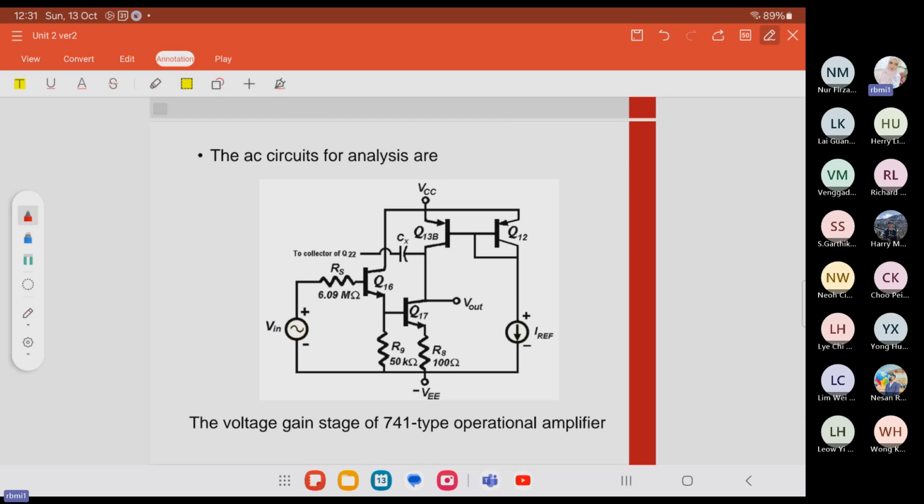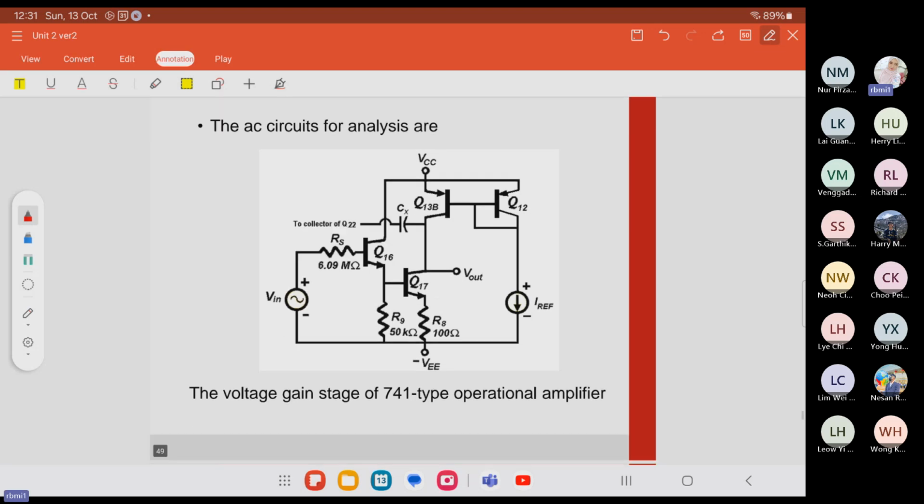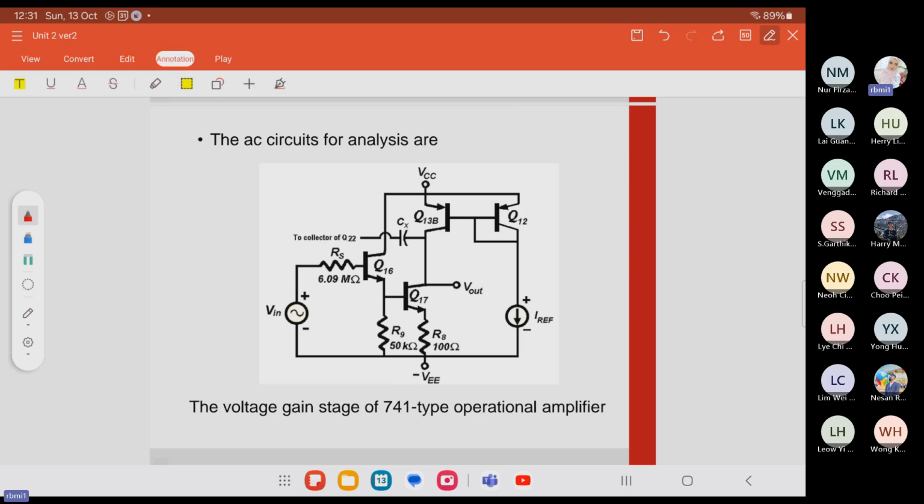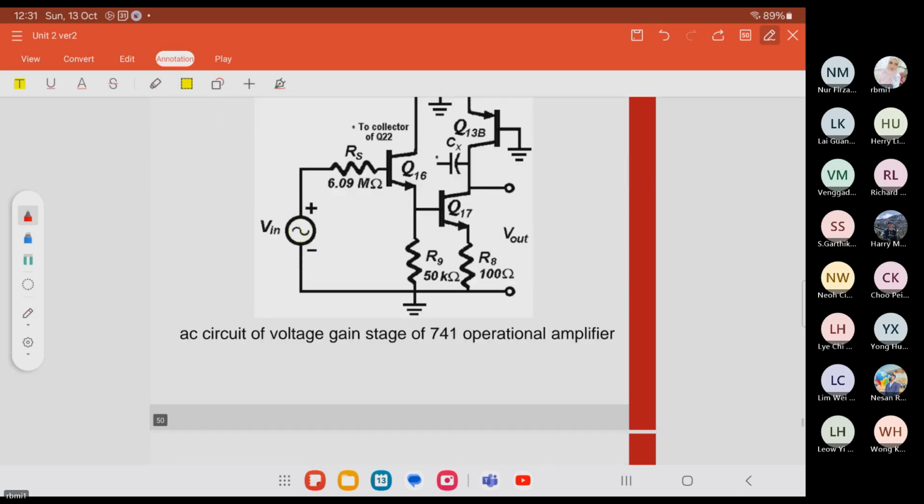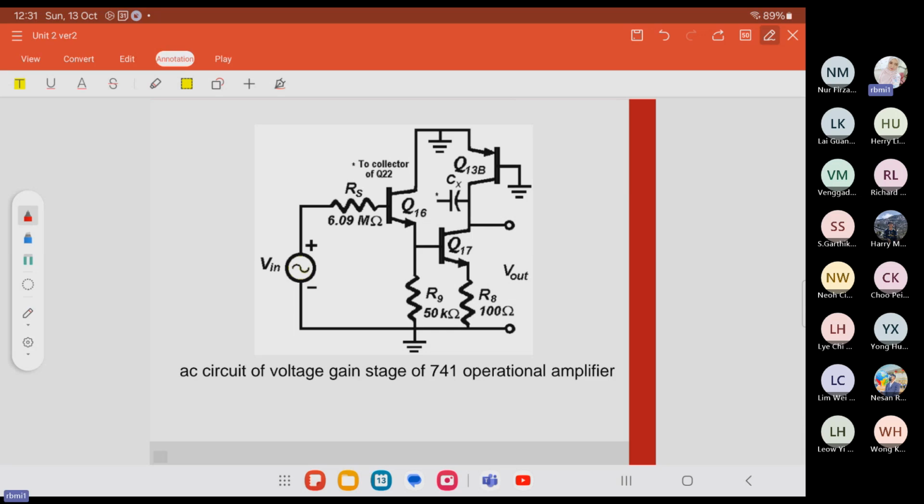So this is the AC circuit analysis for the voltage gain of the 741 operational amplifier. It contains the current source, common collector, and common emitter cascade configuration. A simplified schematic of the voltage gain circuit is shown here. This is the AC circuit of the voltage gain for V in and resistance RS.